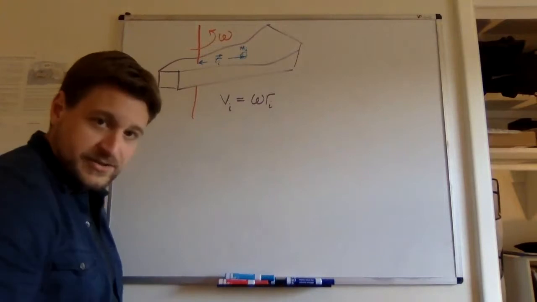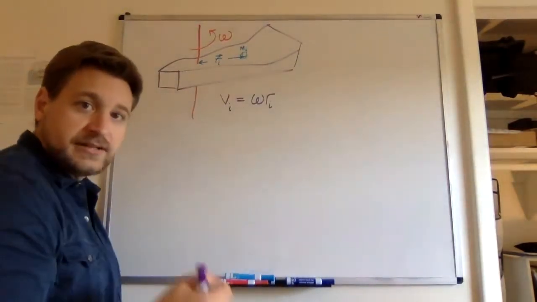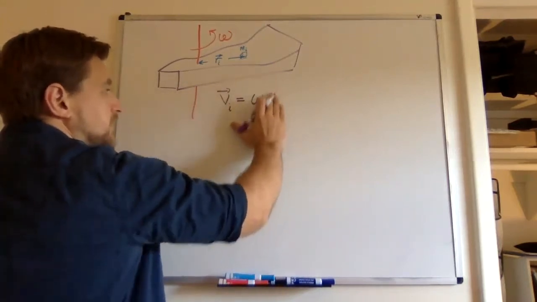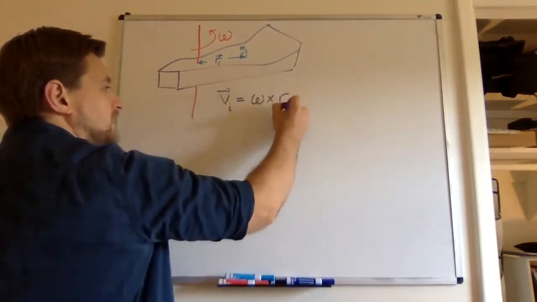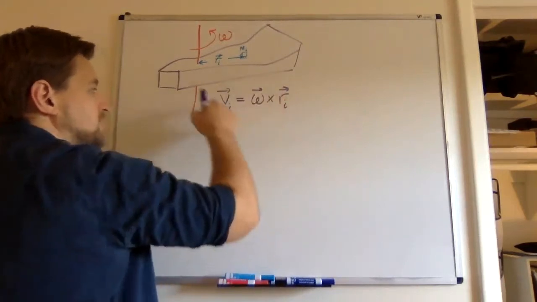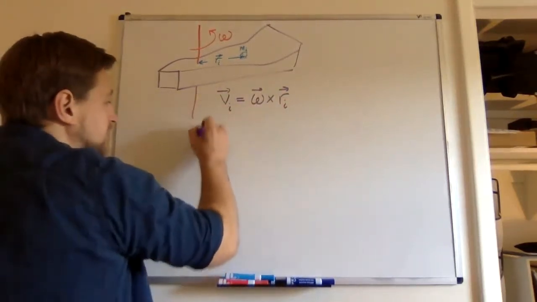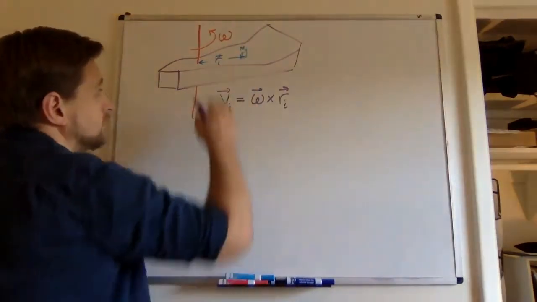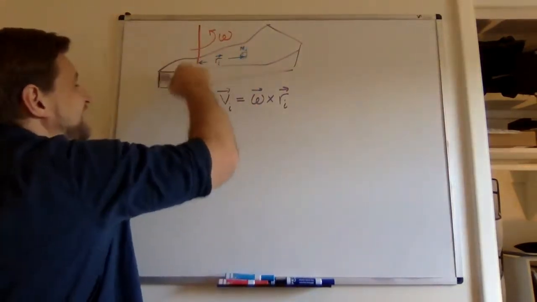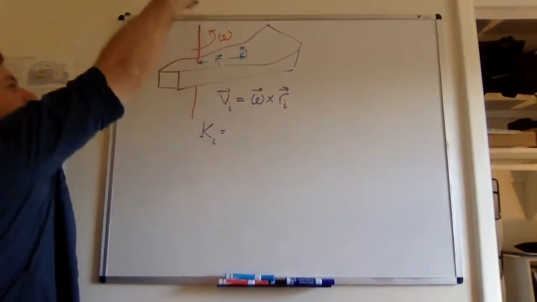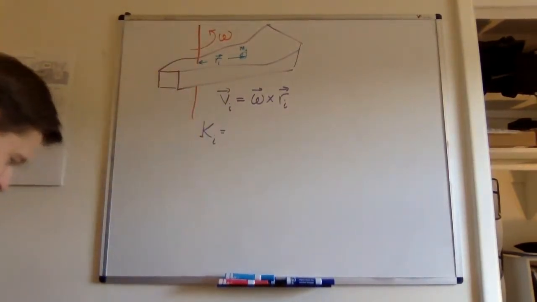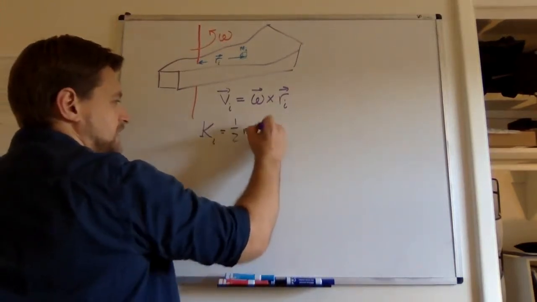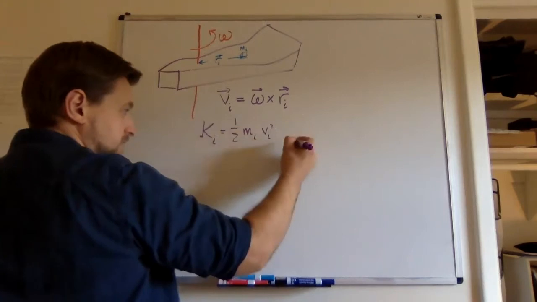I don't need the vectors because I'm about to calculate the kinetic energy of this piece. I mean, technically, yeah, I need the cross product. But once I find it, I'm just going to take the magnitude of that. So the kinetic energy of this ith little piece of mass as it orbits in a circle around the axis of rotation is 1/2 m_i v_i squared.